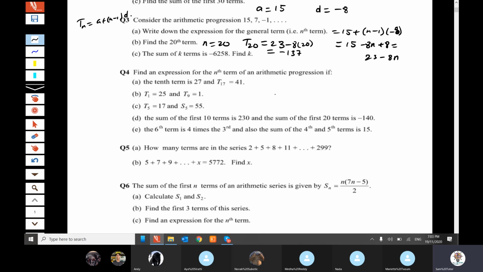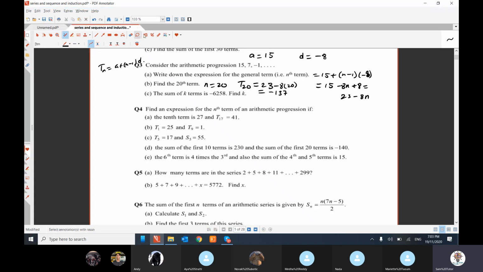The sum of k terms is negative 6258. Find k. What does that mean, the sum of k terms? Again, what's the sum formula?